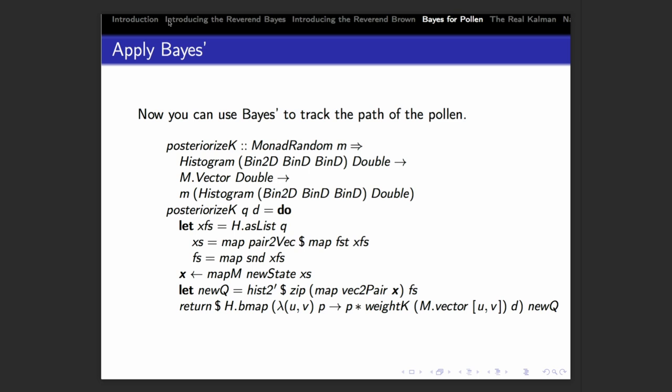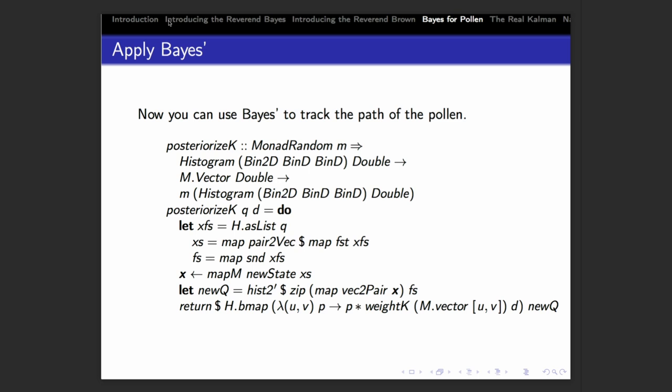So we take the initial histogram, your original guess, you take your bit of data, and we are going to create the new state. I had to do all this because I couldn't do monadic values on histograms. The guy who wrote the histogram library, I can't remember his name now, it's a really good library anyway, is hopefully going to add a monadic update value to the library, but I had to turn it into a list.